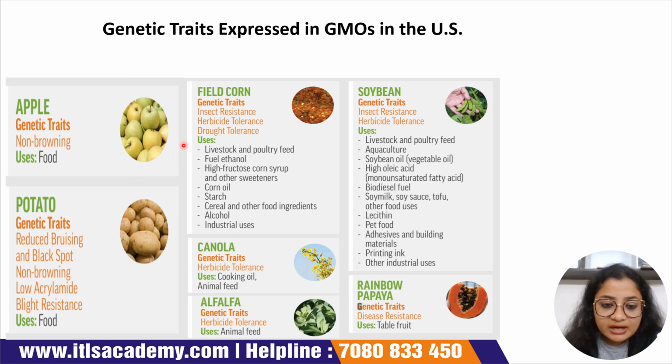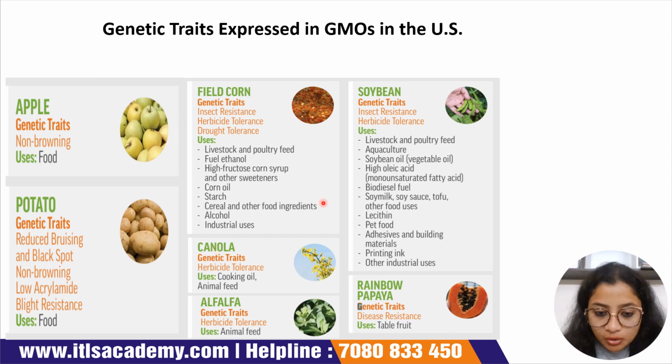The genetic trait expressed in this apple is non-browning, so the browning of the skin or outer layer of the apple will not occur. The use will obviously be food. Then we have potato. What is shown in potato? Genetic traits: reduced bruising and black spot, non-browning, low acrylamide, and blight resistance. The use will again obviously be food.